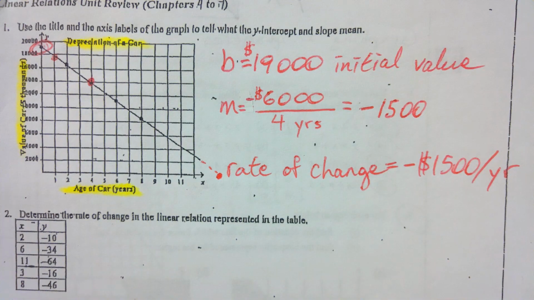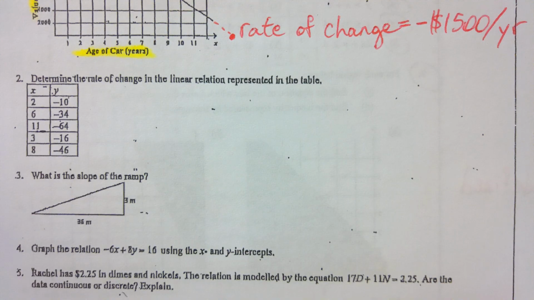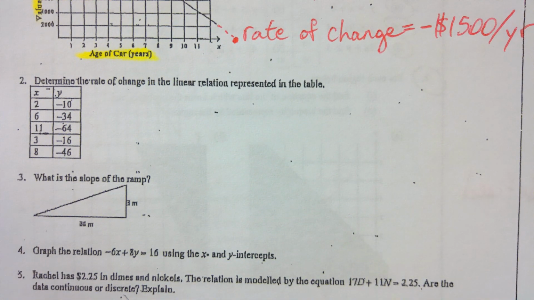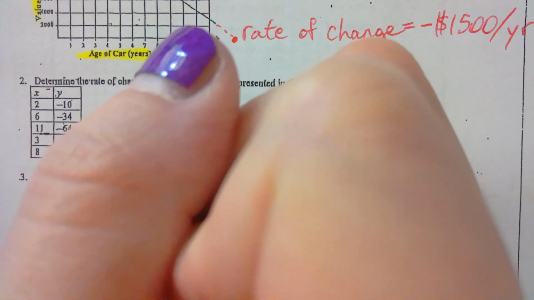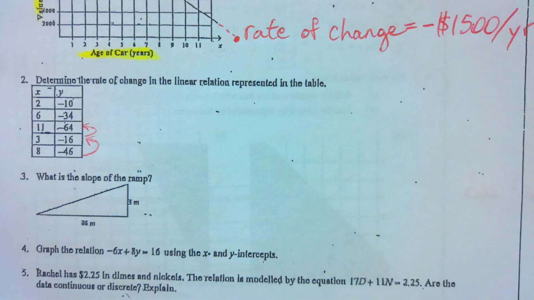And number 2, determine the rate of change in the linear relation represented in the table. So, first off, what's wrong with the table? Can I just do first difference like what we were doing earlier? Can I just subtract? Let's see, no, why not?